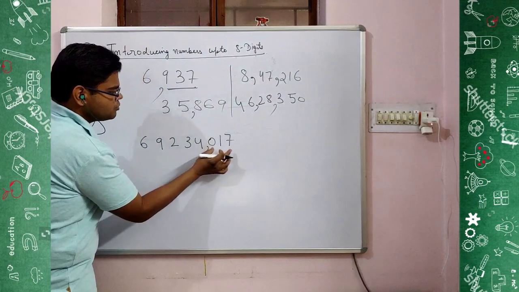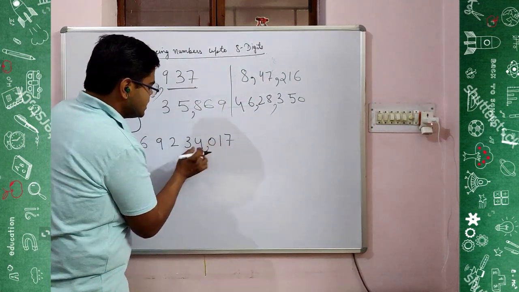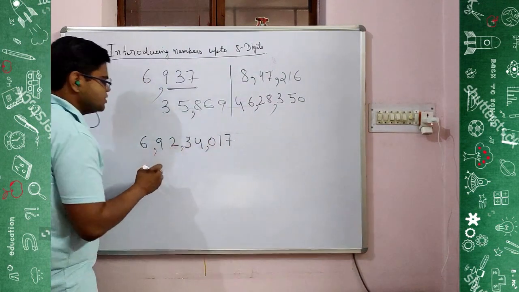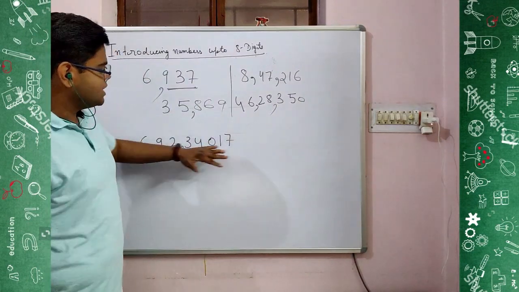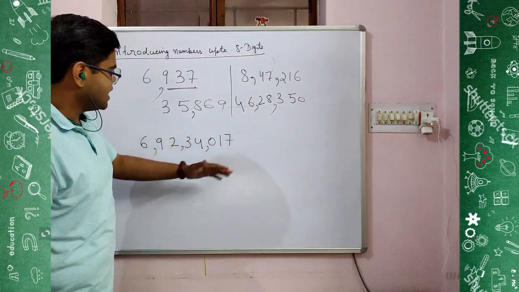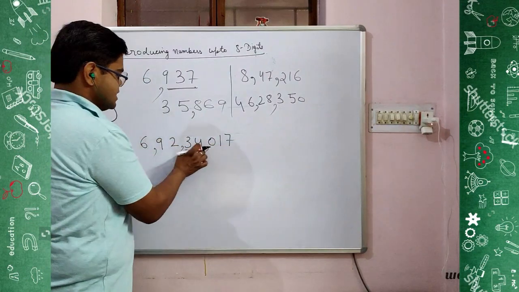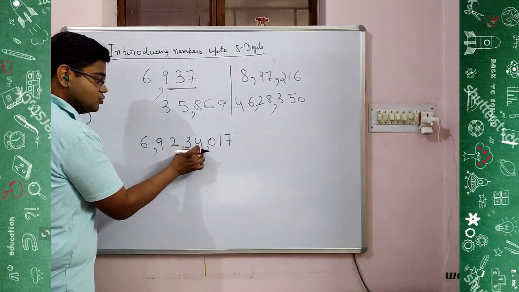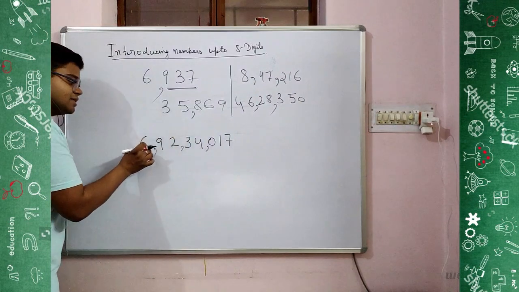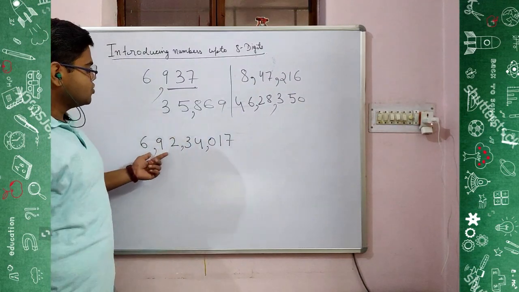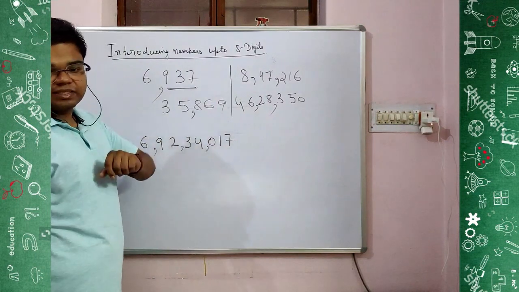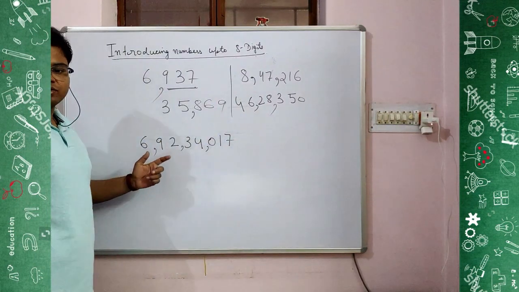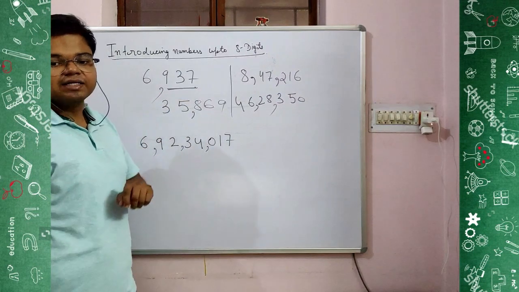And after putting this comma, put a comma after every 2 digits, and it will automatically divide itself into the periods. How? This will be your ones, then thousands, then lakhs, then this time we have crores. So 6 crore 92 lakh 34,000 and 17.